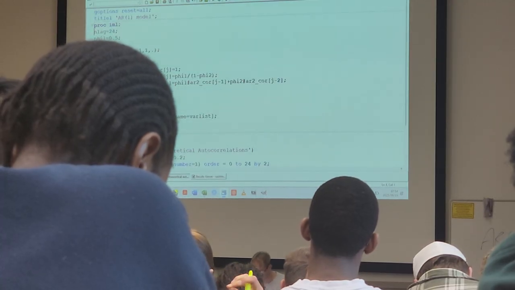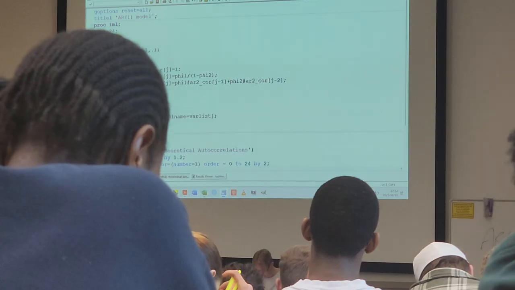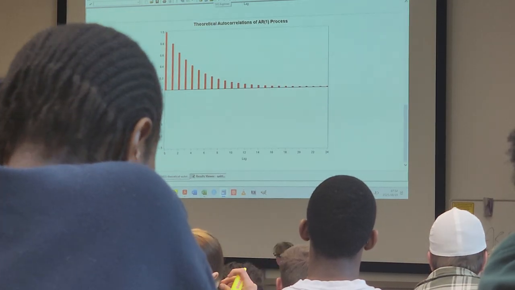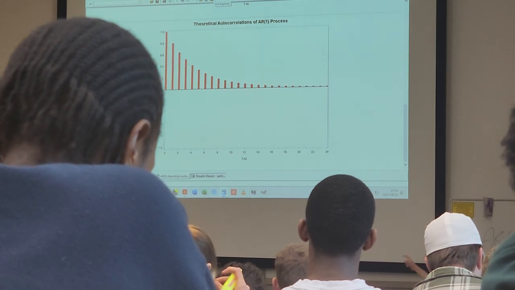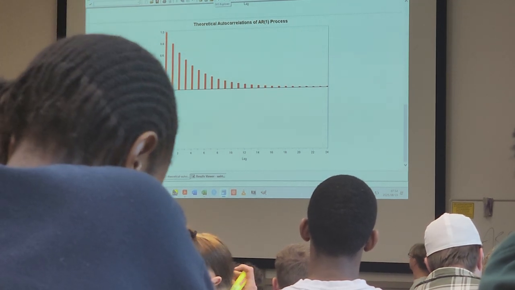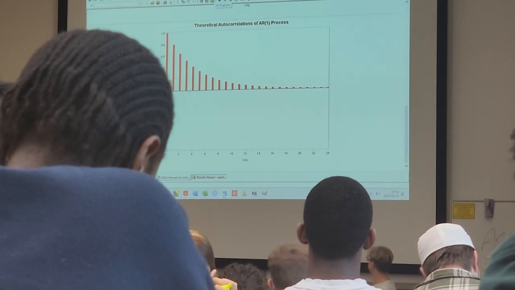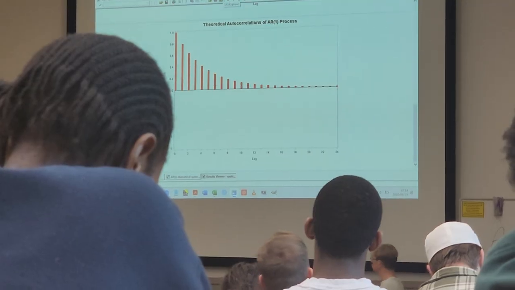If I make my phi slightly larger, if instead of 0.5 I make it 0.8, and run it all again, then I notice I still have exponential decay, but because that parameter is now getting closer to 1, the decay is a bit slower, slower decay towards 0.